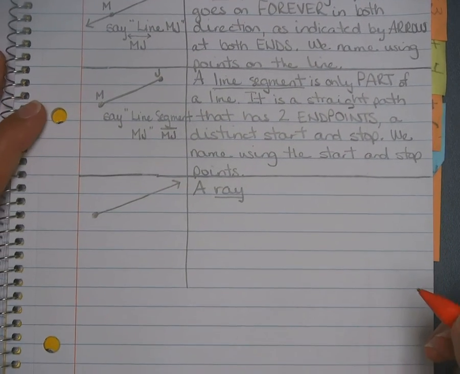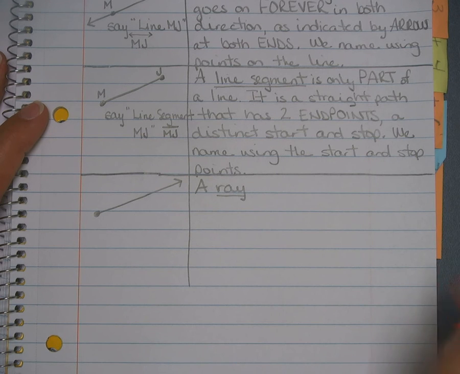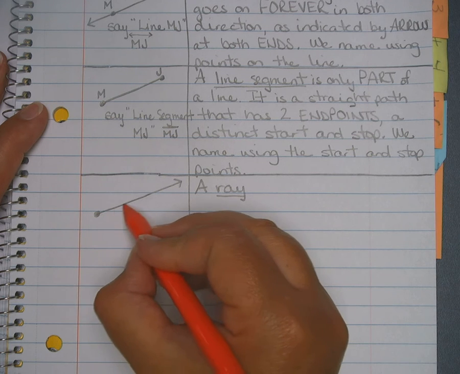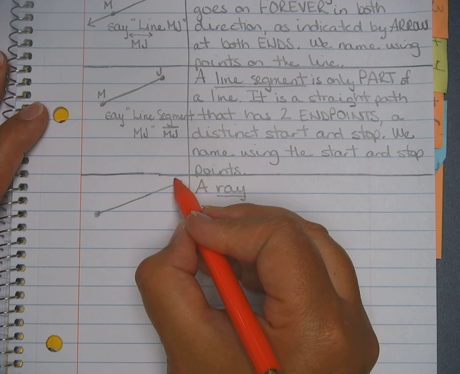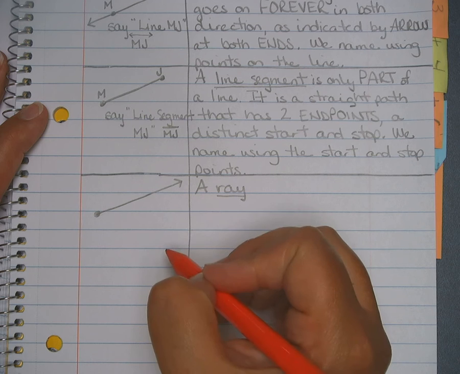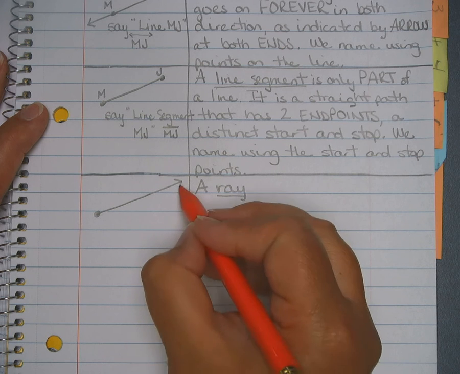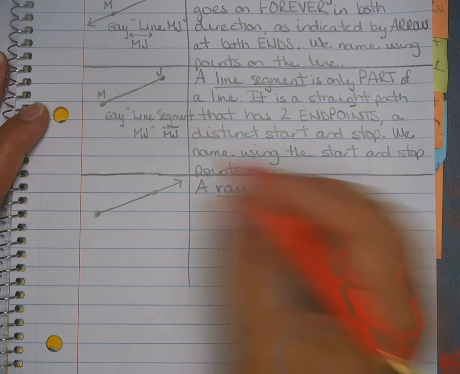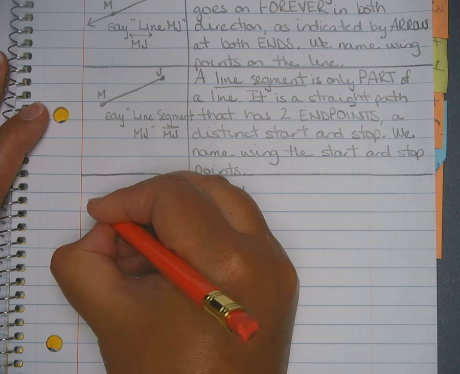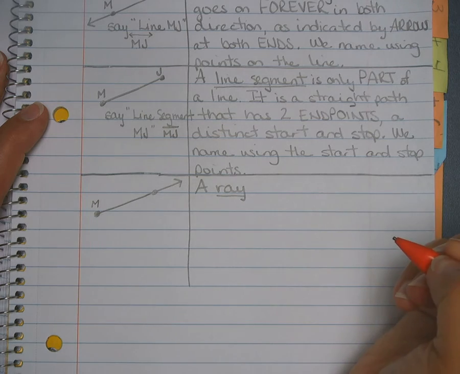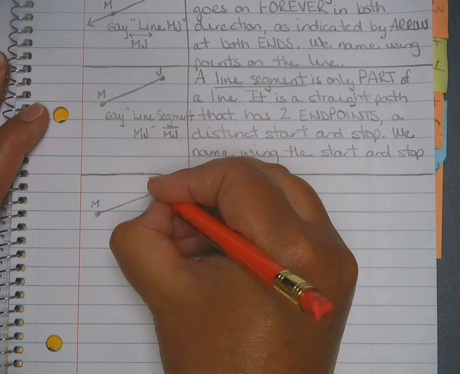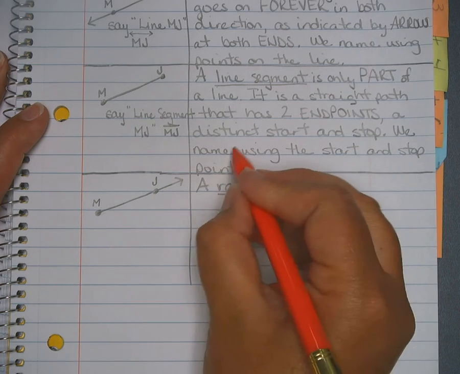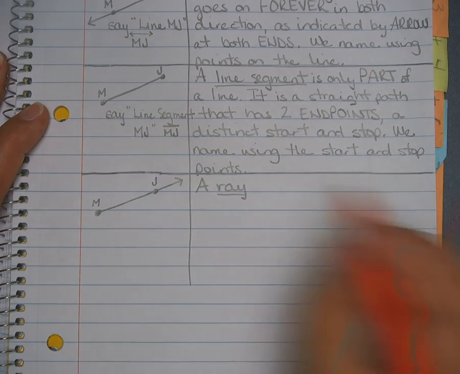Sorry, I didn't realize I was writing out of camera. So the ray has a definitive starting point, travels in a single direction in a straight path, and we indicate that the path could continue with an arrow on that end. We can put another point on this ray, and I'm going to indicate this is point M, the starting point. It travels through J, another point on the ray, but could continue up and across the paper.